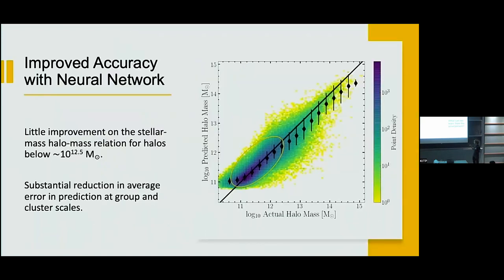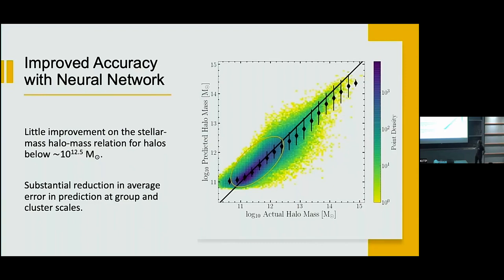So then we can look at what the network actually does. You can see that by far the majority of our galaxies are in this little sample here. I've trained the network on the small MultiDark Planck simulation, SMDPL, and then tested it on a slightly smaller box, the Bolshoi-Planck simulation.